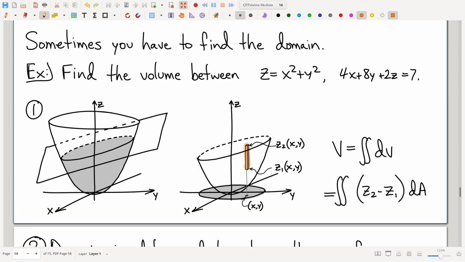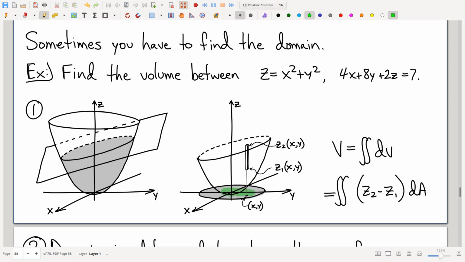And as I do that, notice every French fry has a corresponding little shadow down there in the XY plane. So if I want to add up all the French fries, I'm going to have to add up all the shadows. Now, overall then, if I'm interested in all of the French fries, then I effectively am interested in the entire shadow. And so it's very convenient then to use the shadow as my domain.